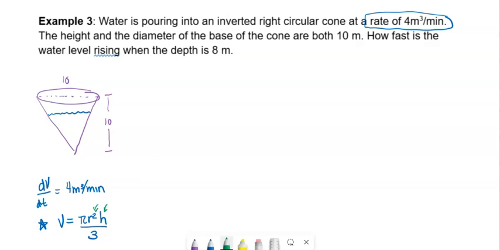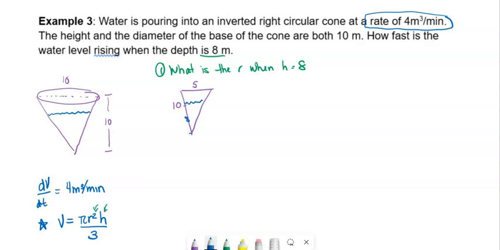So what I'm going to do first is think, what is the radius when the height is 8? If I were to take a cross section of my full cone, so here I have 5 and here I have 10, I want to know what this radius is if the height is only 8.